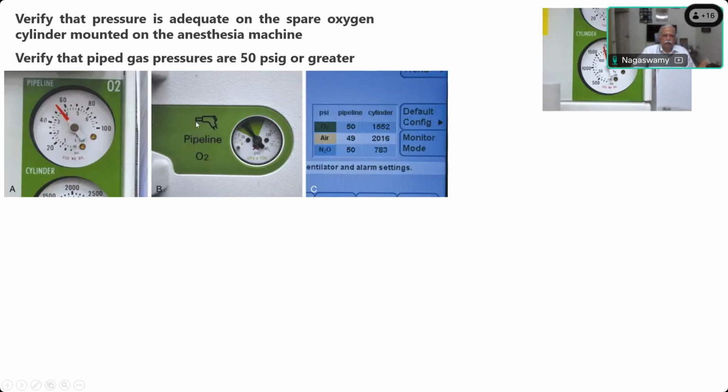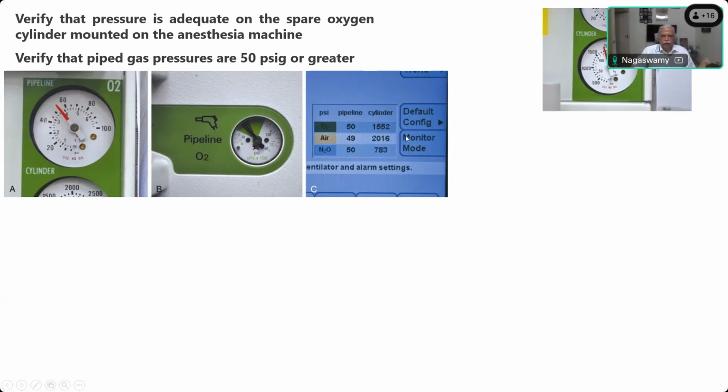This is the picture to show the pipeline gas, and even in the pressure gauge there is a safety feature included. The needle should be within the green range. If it comes down below that, that means the cylinder is getting emptied, and then you have to immediately make sure that either the backup cylinder is opened, or you inform the manifold room technician to make sure that constant supply is available.